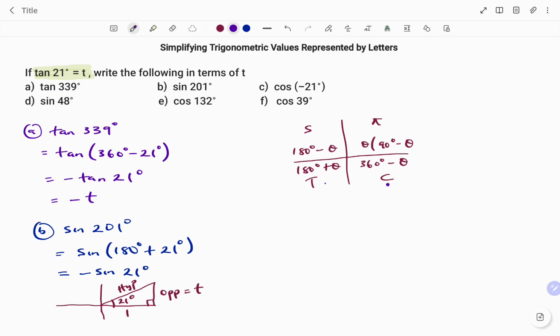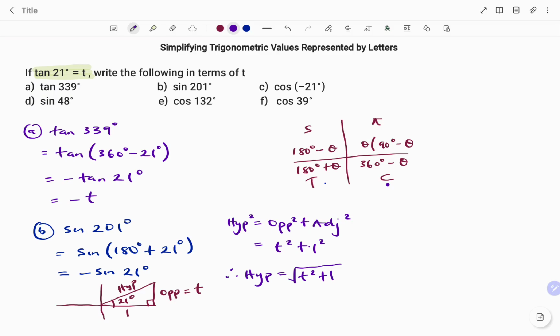So the first step is to find the value of our hypotenuse using Pythagoras theorem. We have hypotenuse squared, that's the longest side, equals the sum of the squares of the other two sides. So we have opposite squared plus adjacent squared. Our hypotenuse squared equals opposite squared, that's t squared, plus adjacent is 1, so we have 1 squared. Finding the square root of both sides, the hypotenuse will be equal to the square root of t squared plus 1.